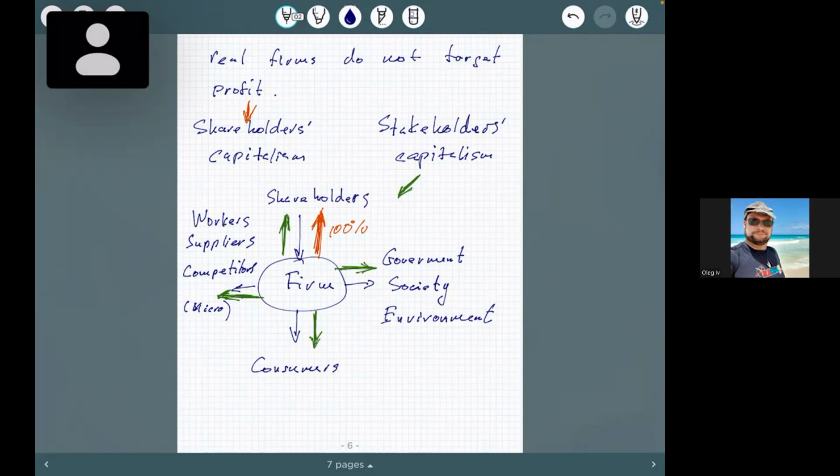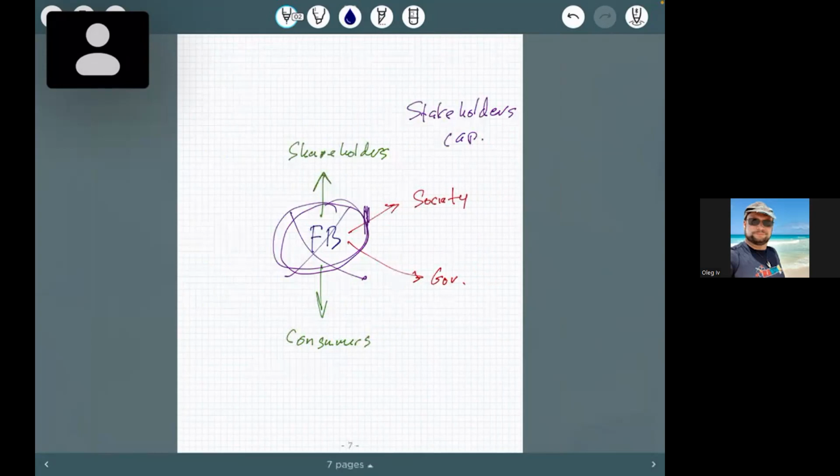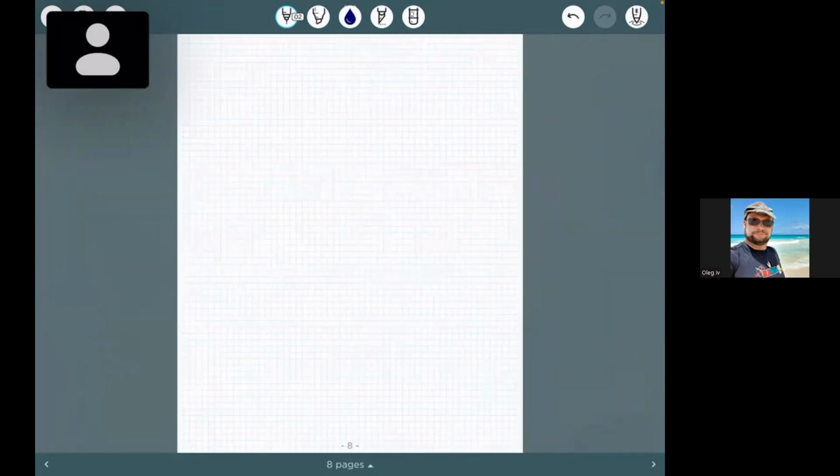And finally, we need to learn another term, which is economy of scale.